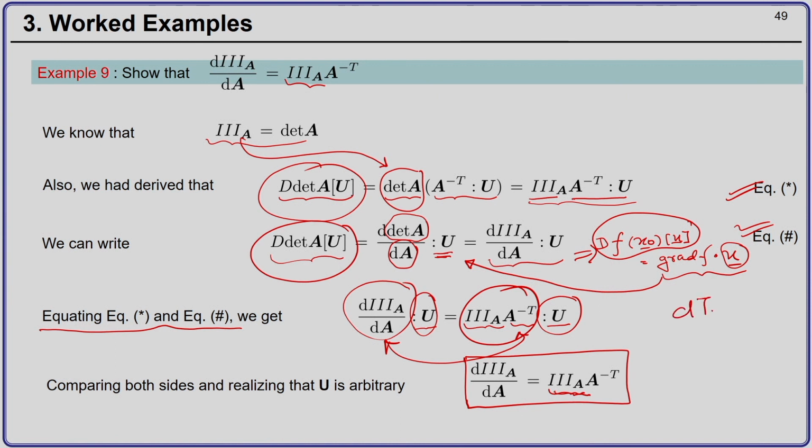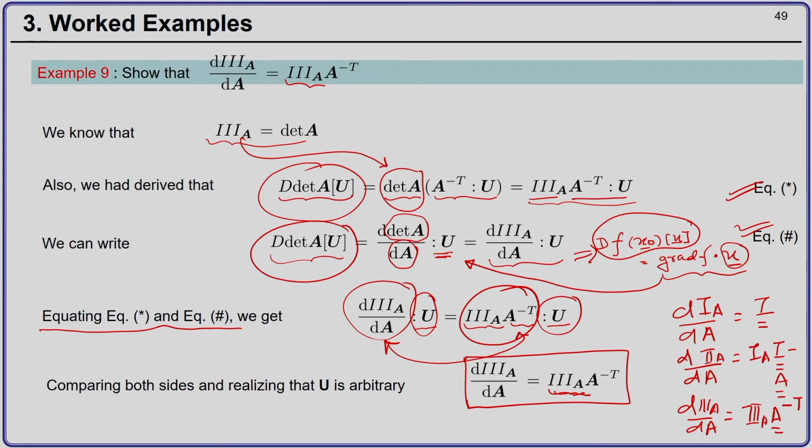So, dI1 by dA is I, dI2 by dA is I1 of A times I minus A, and dI3 by dA is I3 of A times A inverse transpose.